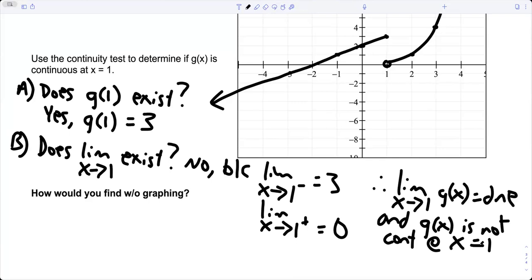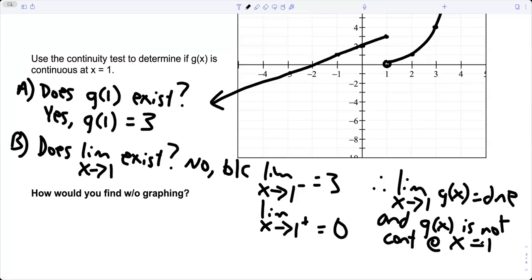Well, what about this? So I gave you something that you could theoretically graph by hand. Let's say I give you something that you could not graph by hand. How would we find out if it is continuous without graphing? Because I can look at the graph and see if it's continuous or not, right?